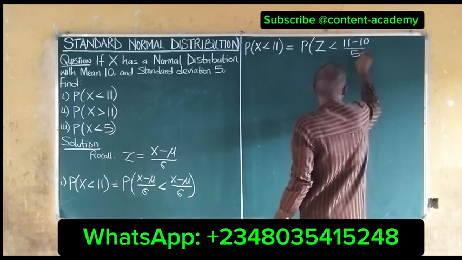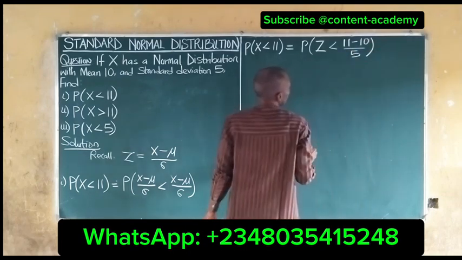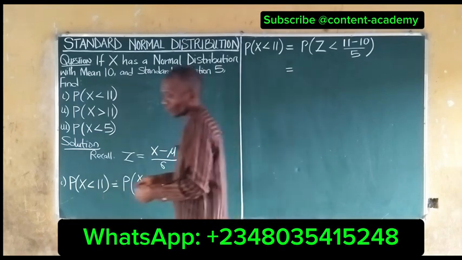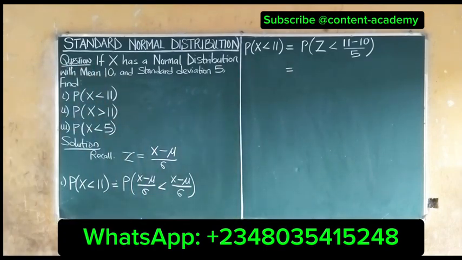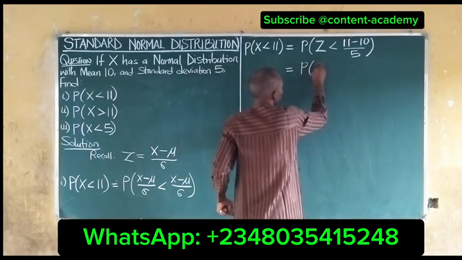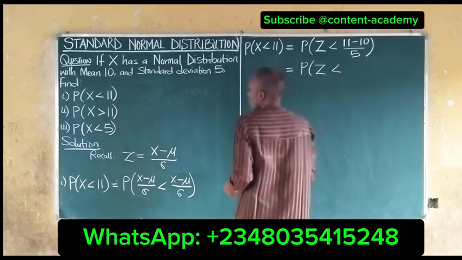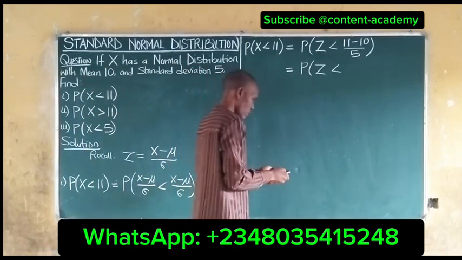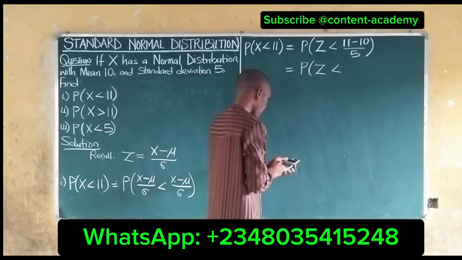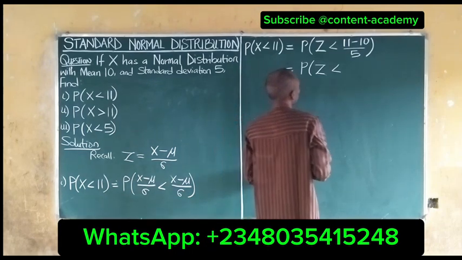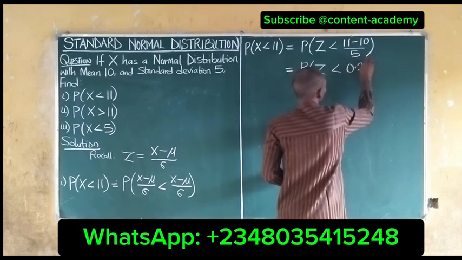And this is equal to the probability Z is less than 11 minus 10, which is 1, and 1 divided by 5 is 0.2.